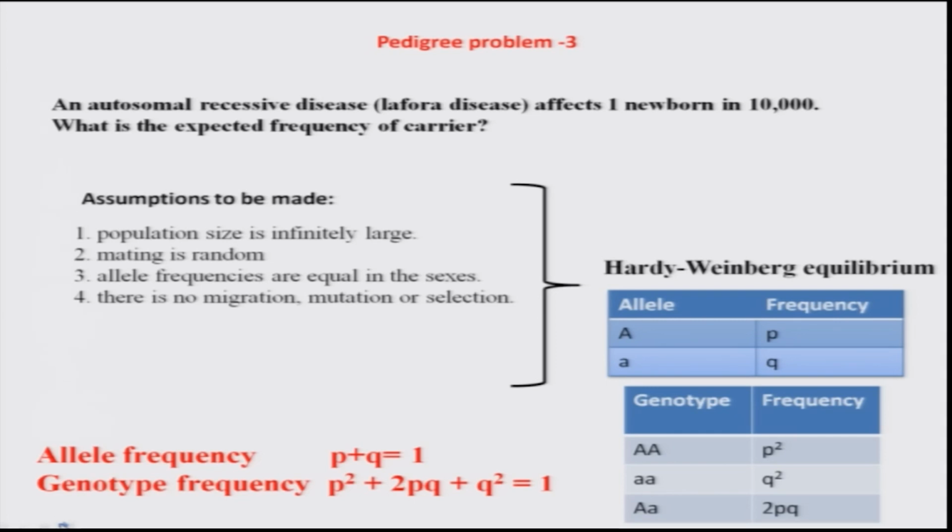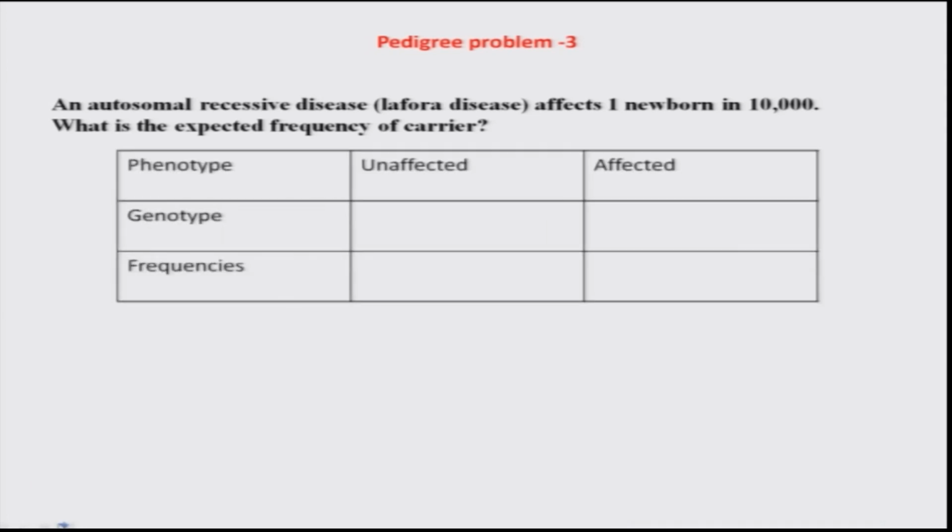Now, let us look into the problem which was before us. So, this is an autosomal recessive disease, Lafora. Now, let us look into what would be the genotype for unaffected and affected. So, genotype for the unaffected would be capital A and small a, and capital A and capital A. Since this is a recessive disease, it would be manifested only in individuals who carry small a and small a.